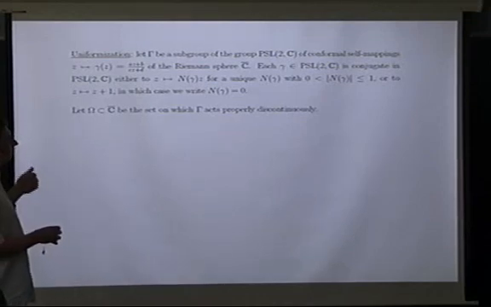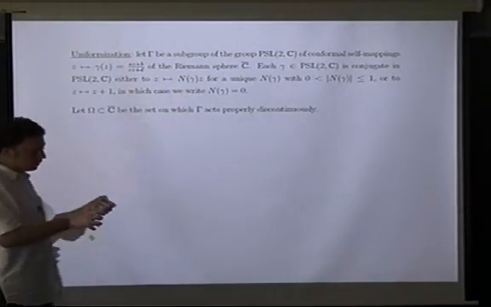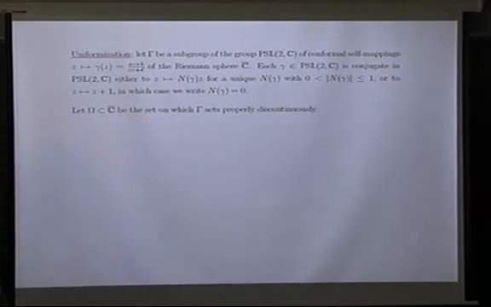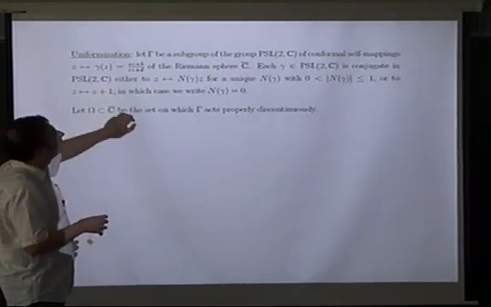Each element in that group is, if you conjugate its fixed points to 0 and infinity, conjugate to multiplication by some complex number. And if I'm just working with a compact Riemann surface here, all of the elements are hyperbolic.